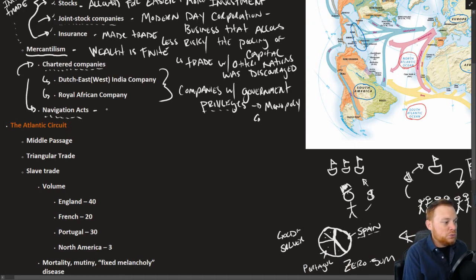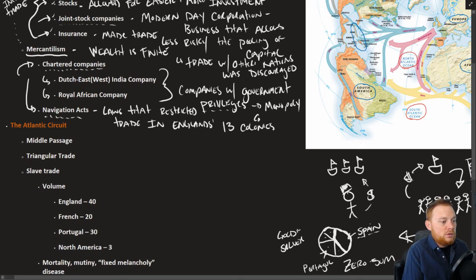The Navigation Acts were a set of laws that restricted trade in England's 13 colonies. All right. In other words, this was a law that required the English colonists in North America to only trade with England and forbid them from really trading with anything else or anyone else. This is also one of the long-term causes of the American Revolution.